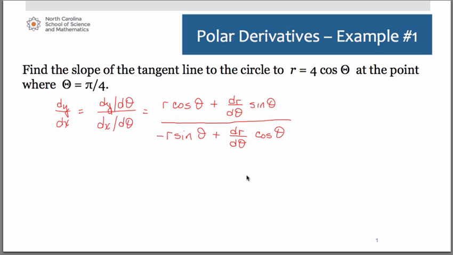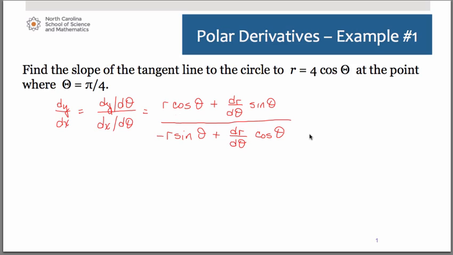Hopefully you remember deriving the formula for dy/dx of a polar curve from the product rule applied to those little rules we know related to polar curves, that y is equal to r sine of theta and x is equal to r cosine theta. dy/dx then is given by dy/d theta over dx/d theta, and that's where we applied the product rule on those little equations to obtain the formula for dy/dx.